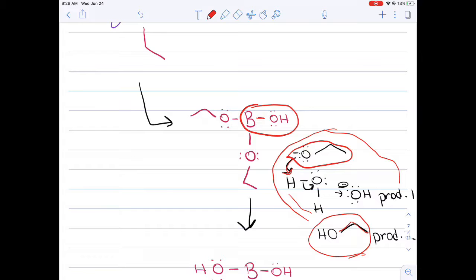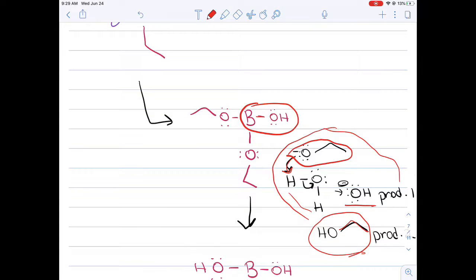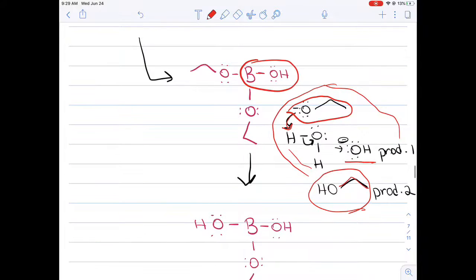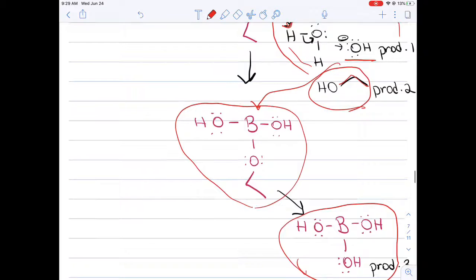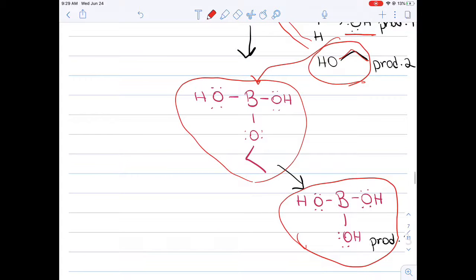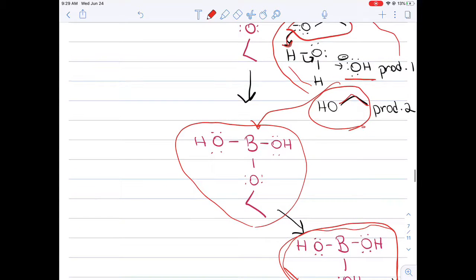You're going to have this alkoxide ion want to take one of the hydrogens from water. You'll have a formation of an OH ion. And now this OH ion is going to keep this reaction going, ending up in this, and then eventually this as your final product, where you have all OHs bonded to boron.